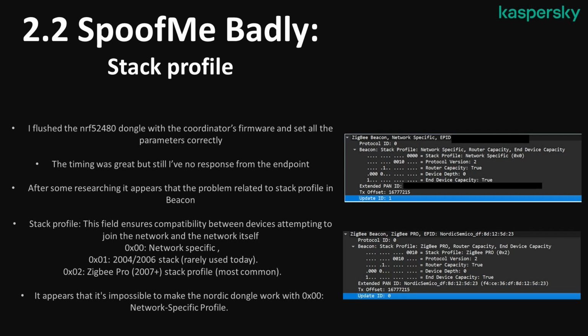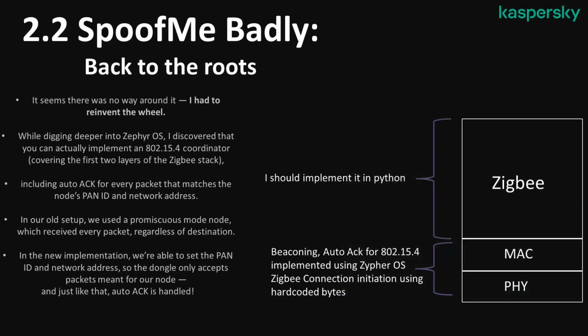So first, I concentrated on auto acknowledgement. When I got deeper inside this RTOS, Zephyr, I found that you can set a coordinator at the 802.15.4 level, meaning the first and second layers, specifically the second layer. So you tell this node, okay, act as a coordinator, this is your PAN ID, this is your address, and only receive network packets that belong to these addresses.